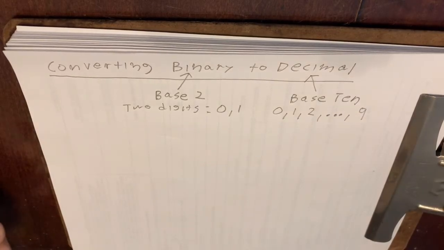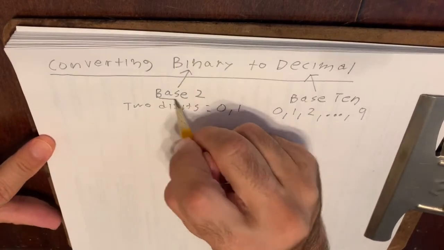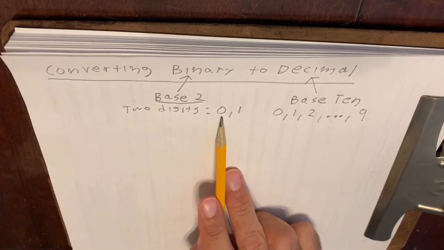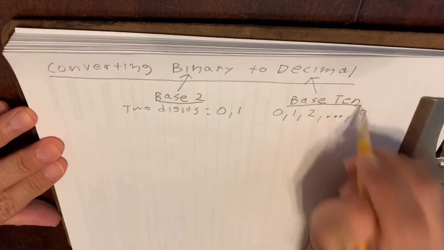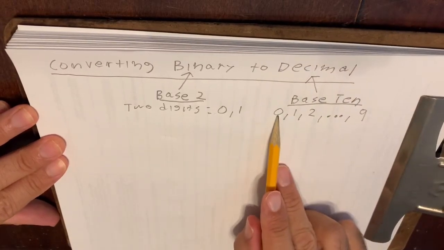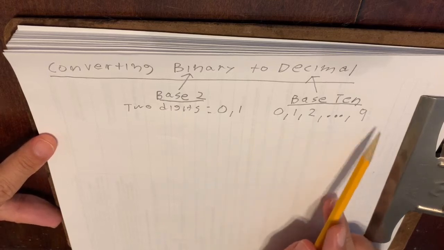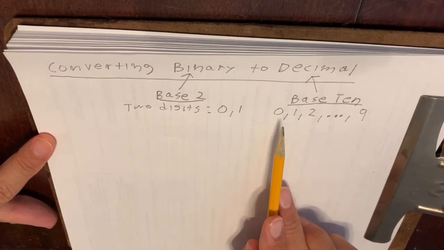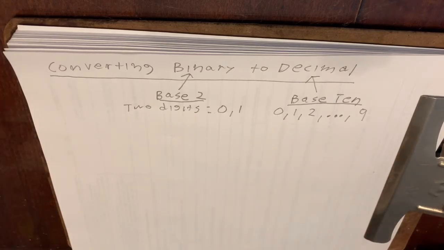So 0 counts as a digit, just like in binary, base 2. 0 is a digit. It's a recognized digit. It's a very important digit. In decimal, base 10, 0 is also a digit, a very important digit. And so if we count up the number of digits in decimal, base 10, we actually get 10 digits because the 0 counts. 1, 2, 3, 4, 5, 6, 7, 8, 9, 10.